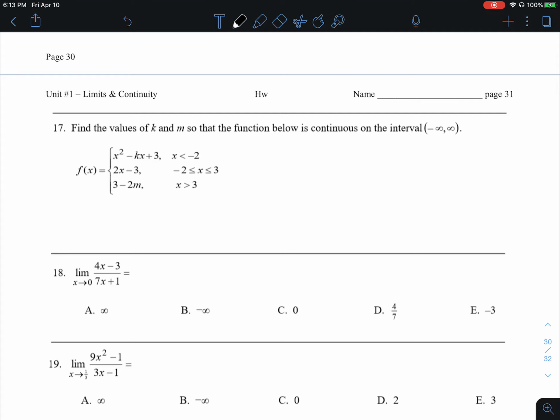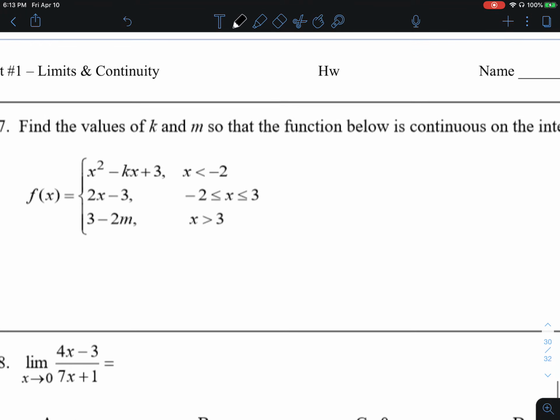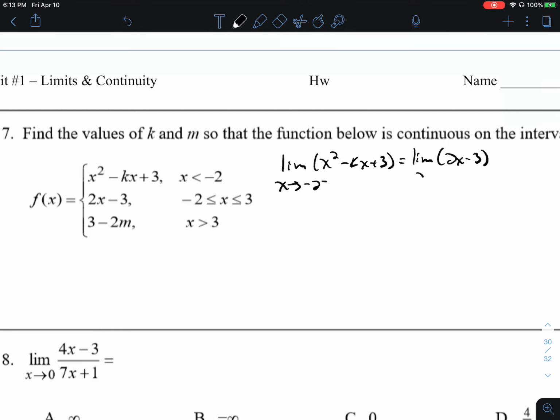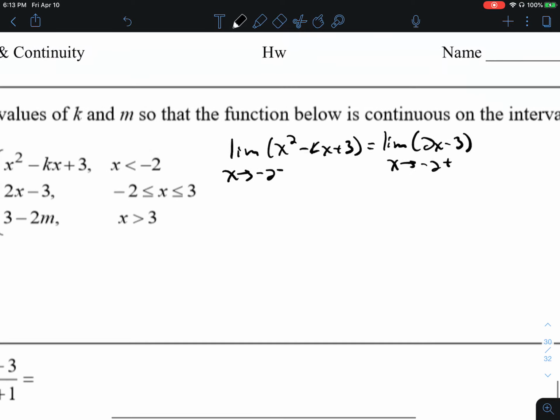Find the value of k and m so that the function below is continuous on this interval. Well, for this to be continuous, the limit of x squared minus kx plus 3 as x approaches negative 2 from the left would have to equal the limit of 2x minus 3 as x approaches negative 2 from the right.